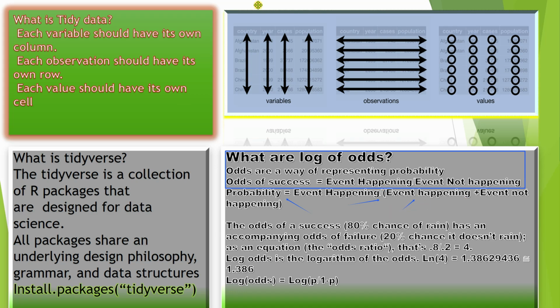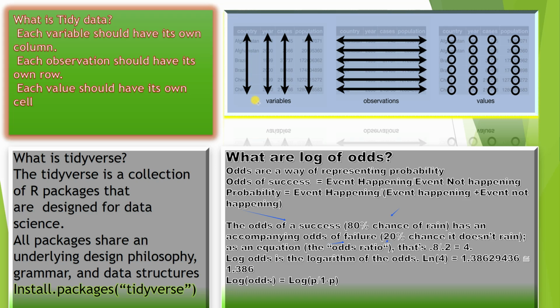For example, if there is an 80% chance of rain on whatever day you are looking at the weather for, then that means there is a 20% chance of not raining. So the odds ratio is 0.8 divided by 0.2, which is equal to 4.